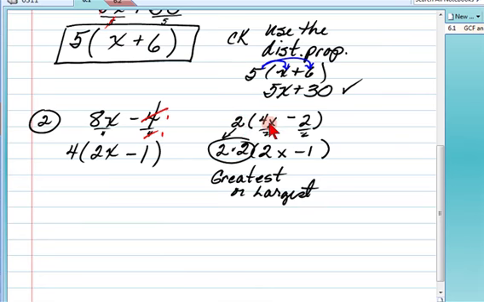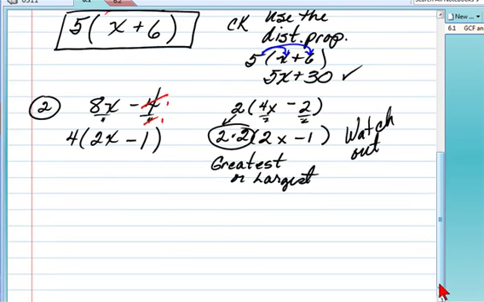Because what's 2 times 4x? 8x. What's 2 times negative 2? Negative 4. You would appear that you had it right because you do have factors, but you didn't have the greatest common factor. Okay, so you want to watch out for that. I wrote watch out over there, you can't see it. Okay, so that's a very, very good point.